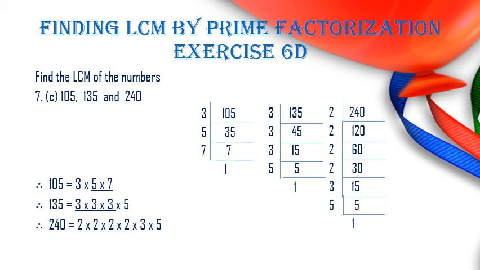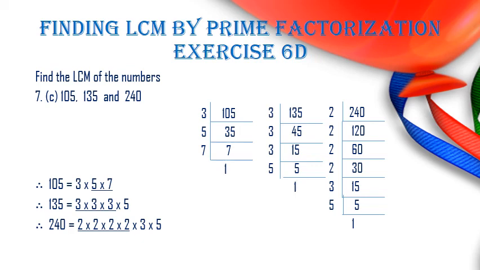Now children, in all these three numbers, 2 occurs 4 times in 240, 3 occurs the maximum number of 3 times in 135, and 5 occurs 1 time in 105, 135 and 240, while 7 occurs 1 time in 105.